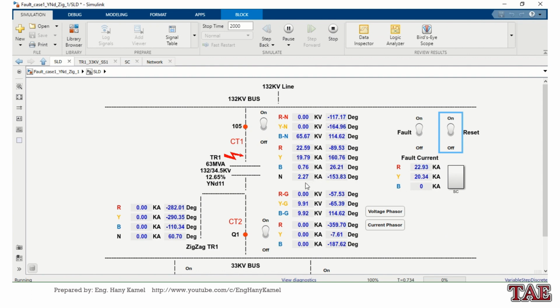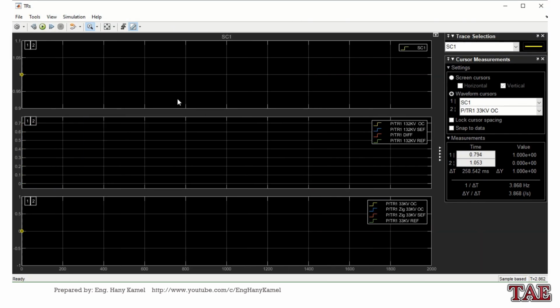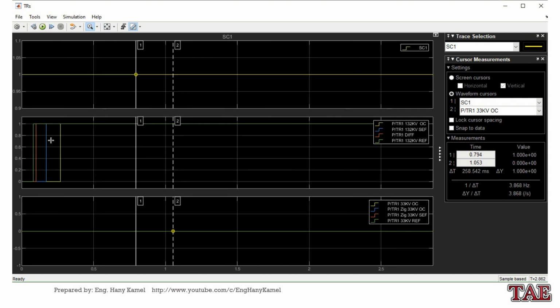Neutral current is now available, so differential protection can operate, restricted earth fault can operate, and sensitive earth fault can operate. Overcurrent for 132 kV can operate. Let's see the trip sequence. First we have restricted earth fault, then differential operated, then sensitive earth fault operated, then overcurrent operated.